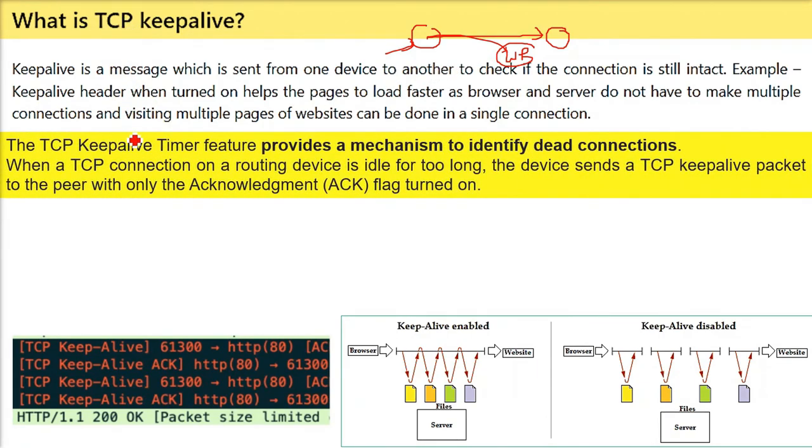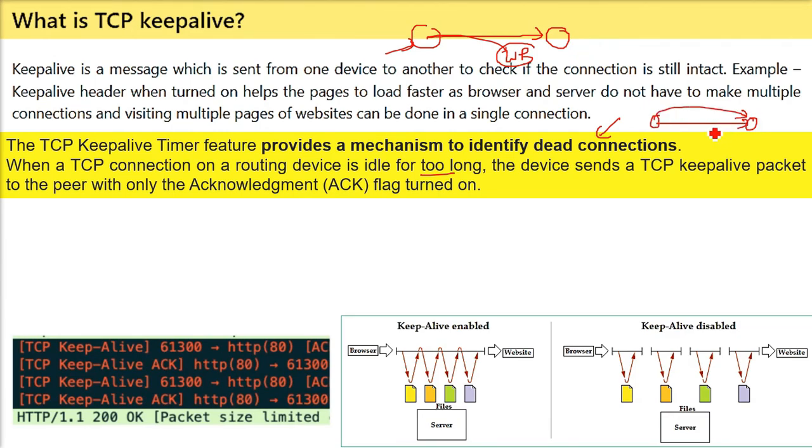The TCP keep alive timer feature provides a mechanism to identify dead connections. When a TCP connection on a routing device is idle, not working for too long, the device sends a TCP keep alive packet to the destination party with only the acknowledgement flag turned on. TCP ACK is turned on just to check whether the connection is still there or not.